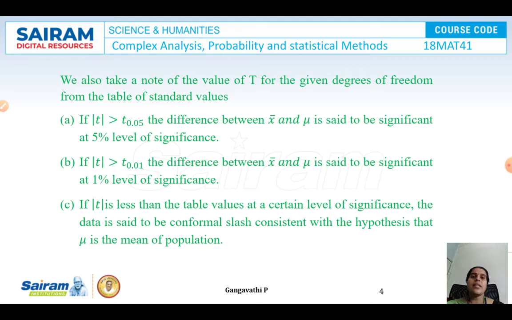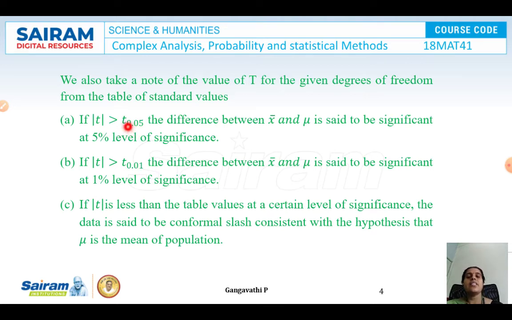There is a T distribution table where one column has the degree of freedom, and the other columns have the values at standard levels of significance, that is 0.05, 0.01, and other cases. That table, which we will use while working out the problem, is called the T distribution table.